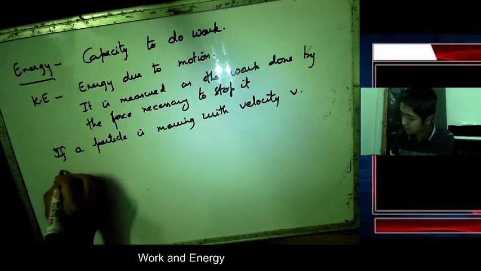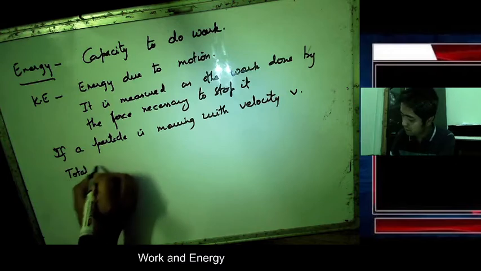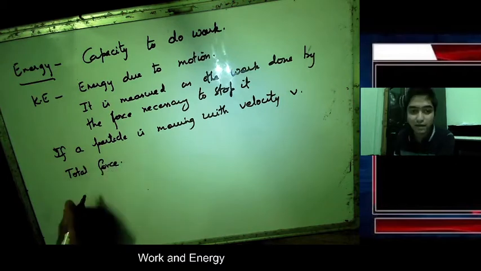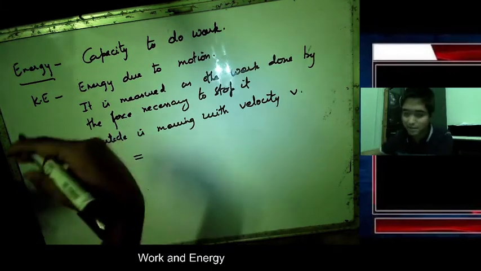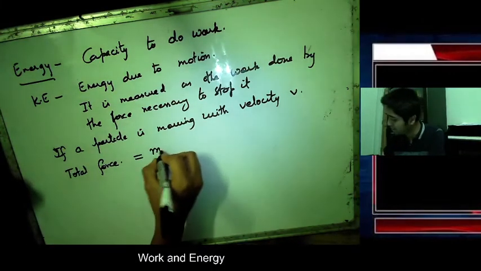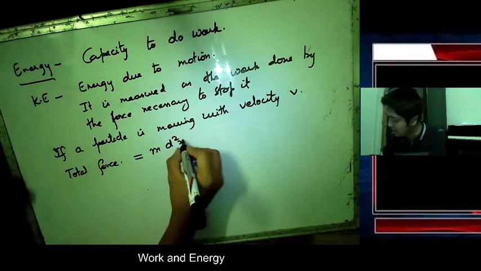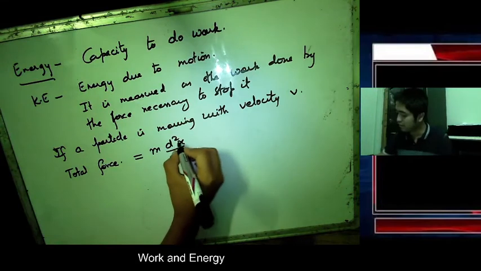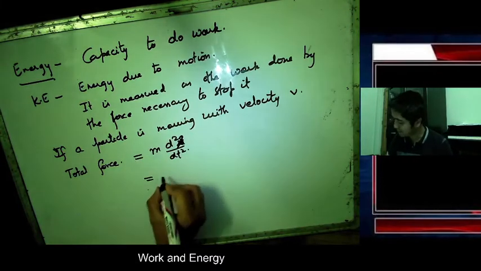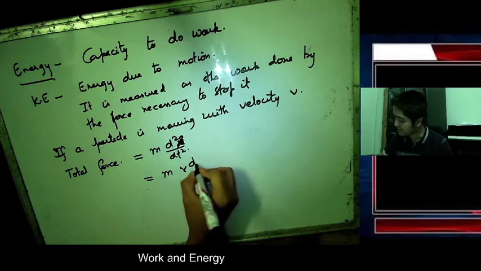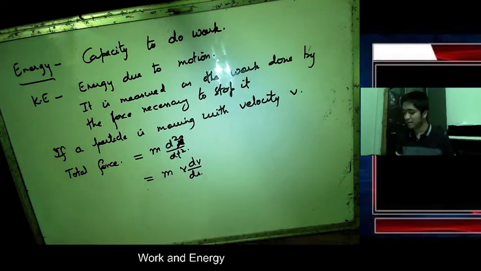So the total force experienced by this particle is force equal to mass into acceleration, m d2x/dt squared, or d2s/dt squared. I will use s. But this one can be written as m v dv/ds.